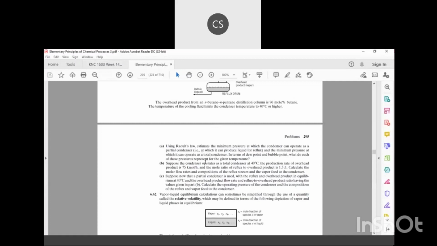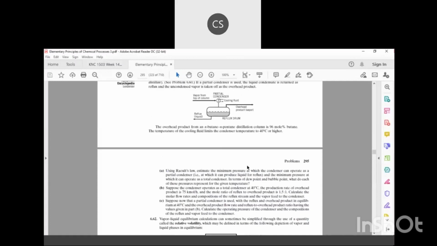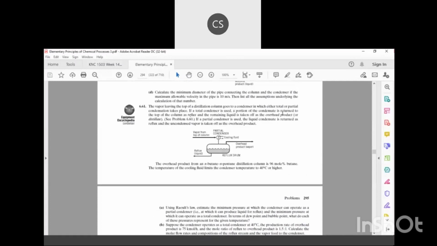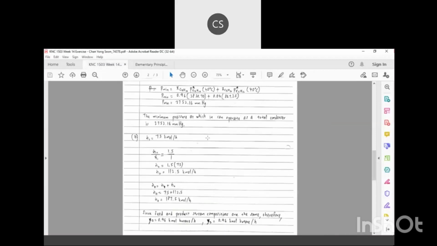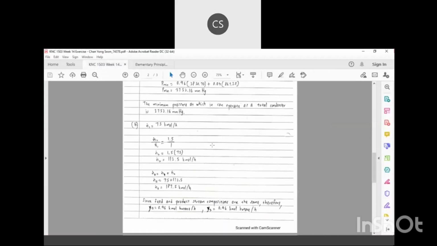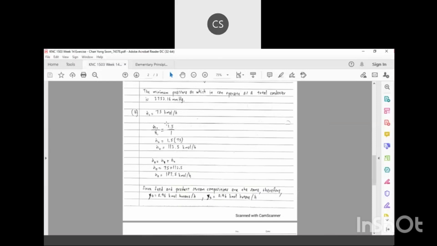First you have to understand that the condenser operates as a total condenser at 40 degrees Celsius, which means the reflux and the overhead product just consist of the liquid. Let me show you the solution here.